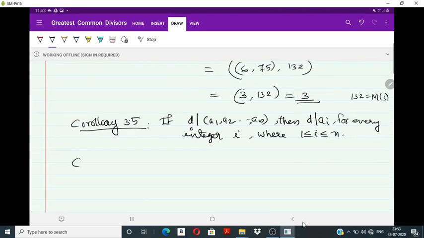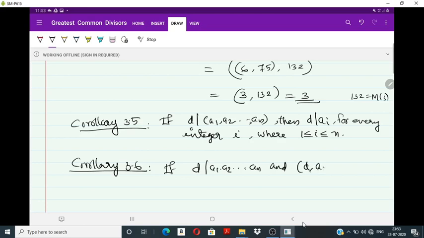Then the second corollary is: if D divides the product A1 into A2 into etc. into AN, and GCD of D comma AI equal to 1 for 1 less than or equal to I less than or equal to N minus 1, then D divides AN.